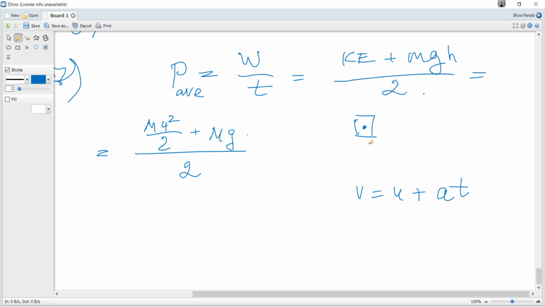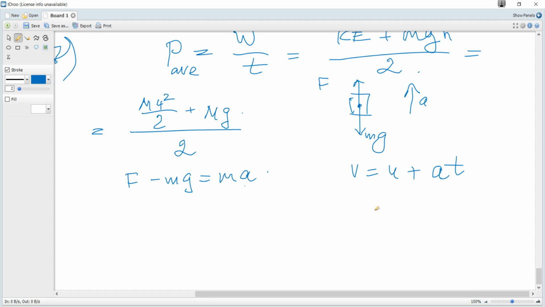at, and let's consider forces on the object. It's mg, some driving force or thrust force from the motor, and the object has some acceleration. F driving minus mg is ma, and 4 is 0 plus a times 2, so acceleration is 2.